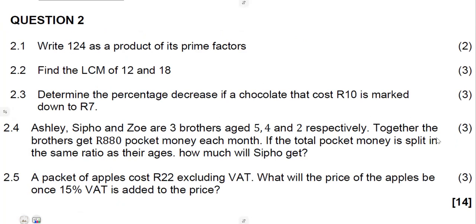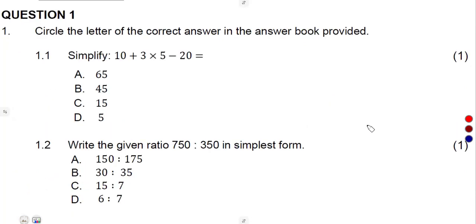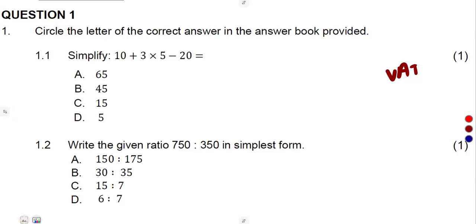Remember, as part of whole numbers, you also have the financial context, which is part of financial mathematics: working with value added tax, which is the VAT, working with interest, working with profit and loss, simple interest, compound interest.